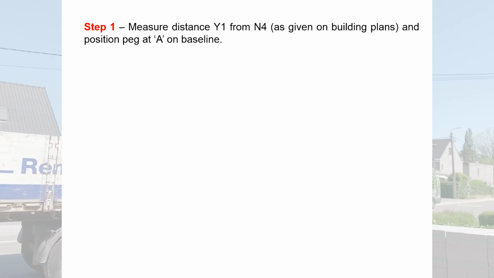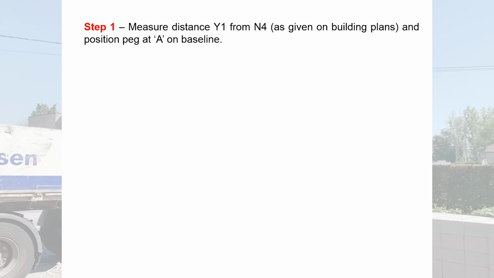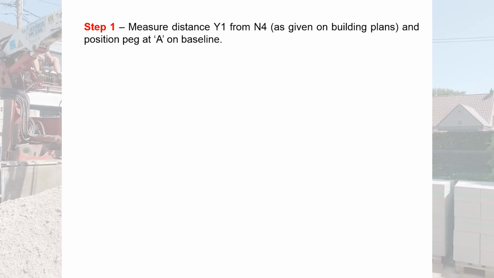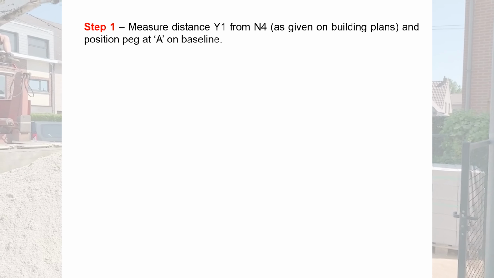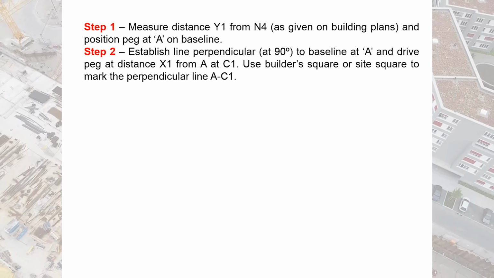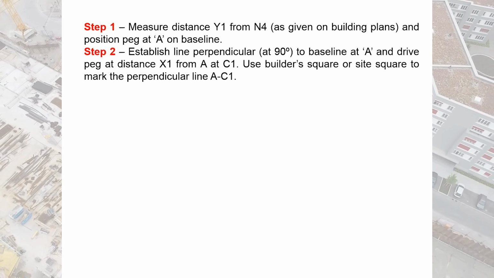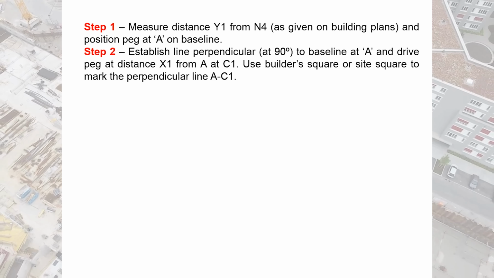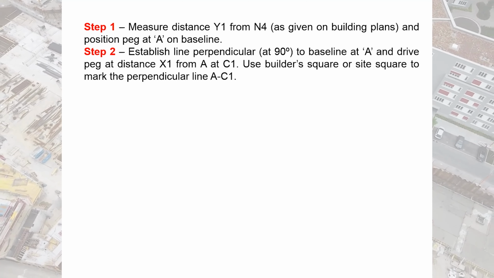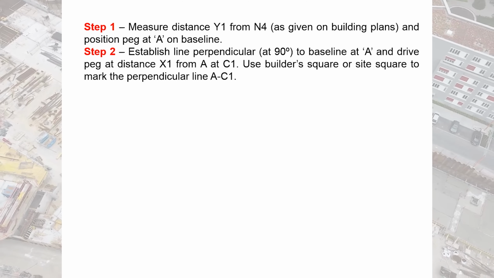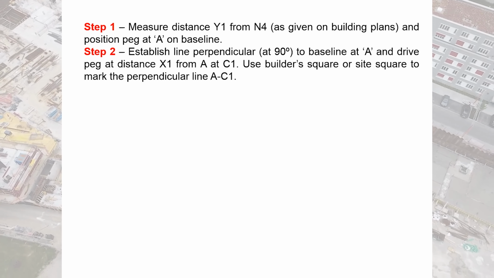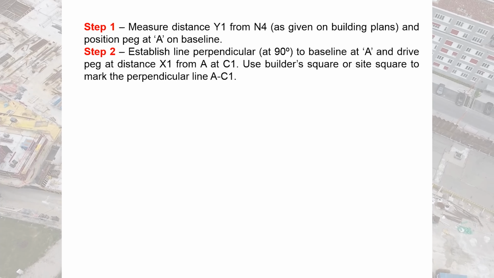Step 1. Measure distance Y1 from N4 as given on building plans and position peg at A on baseline. Step 2. Establish line perpendicular at 90 degrees to baseline at A, and drive peg at distance x1 from A at C1. Use builder's square or side square to mark the perpendicular line AC1.